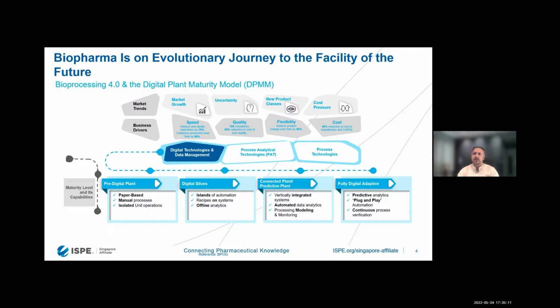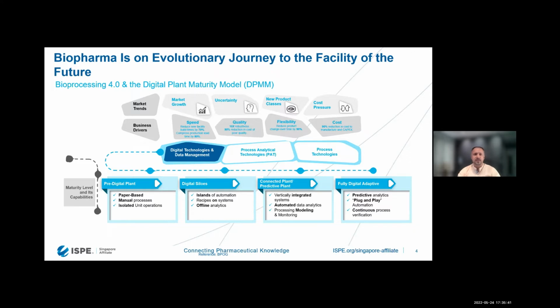We are seeing a huge demand, which is also bringing up a lot of market growth. We are also seeing uncertainty regarding the supply chain, demand for new molecules and new product classes, and a lot of cost pressure on the biomanufacturers. They want to bring down their cost and increase their production.